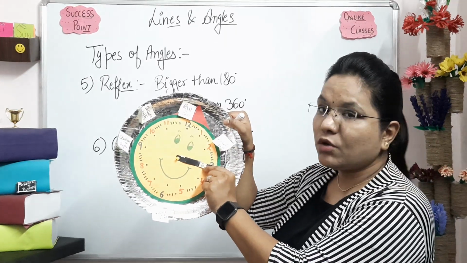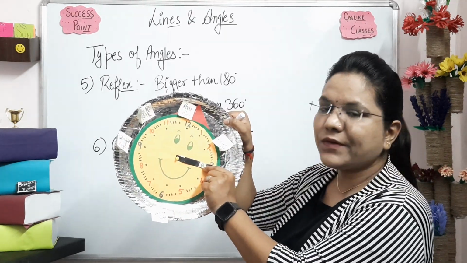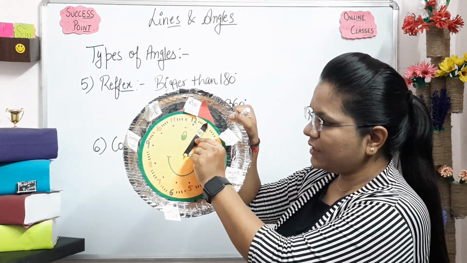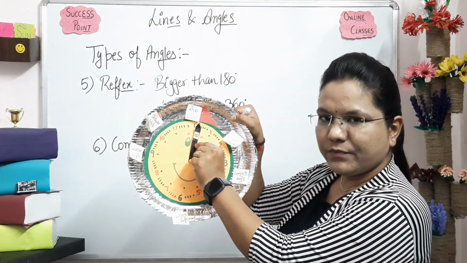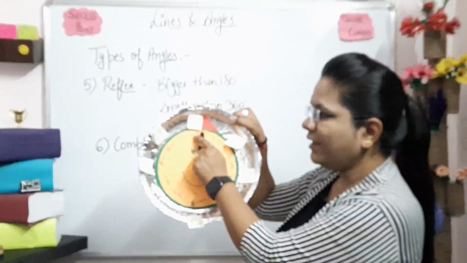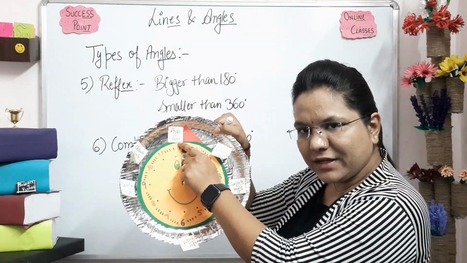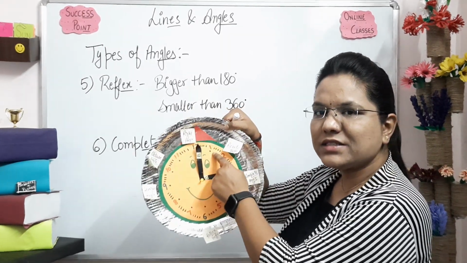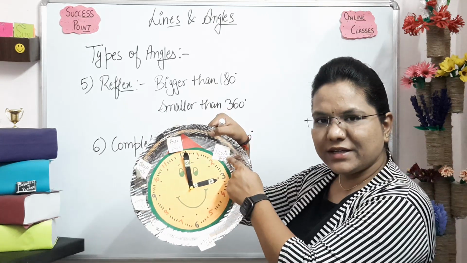Acute angle means more than 0 degree. 0 degree we will not count in acute. So more than 0 degree until 90? No, before 90. So if it reaches 90 degree, we will call it right angle. So less than 90 or smaller than 90, all the angles we will call acute angles. Okay?